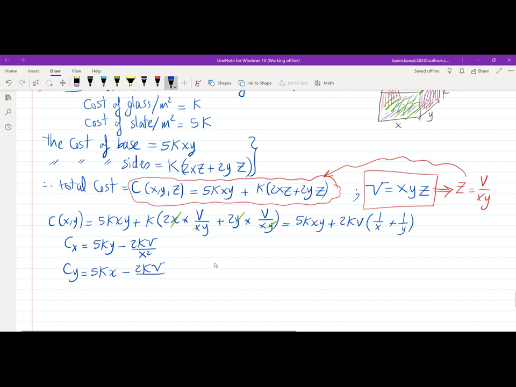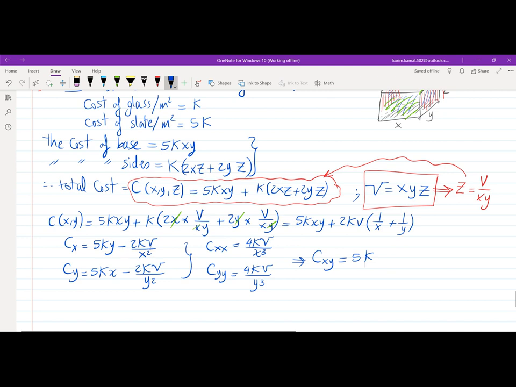Then Cxx will be 4KV over x cubed, and Cyy will equal 4KV over y cubed, from which we can get Cxy, which will be also 5K only. If you differentiate this function with respect to y, this is a constant, and this will be 5K only.